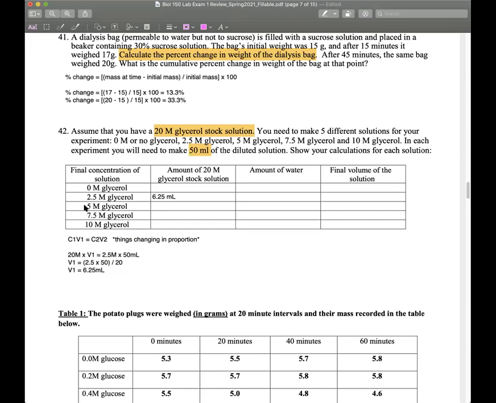And now for this next solution, we're going to start with the same formula, the same setup, and we're just going to switch out what we're making. So instead of making a 2.5 molar solution, we want to make 5 molar. And then it's just plug and chug. V1 equals 5 times 50 divided by 20. So that would give us 12.5. Yes, exactly.